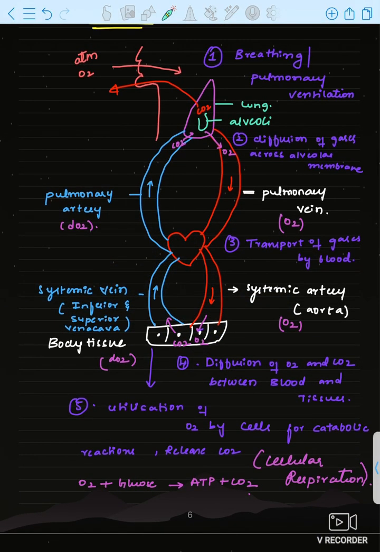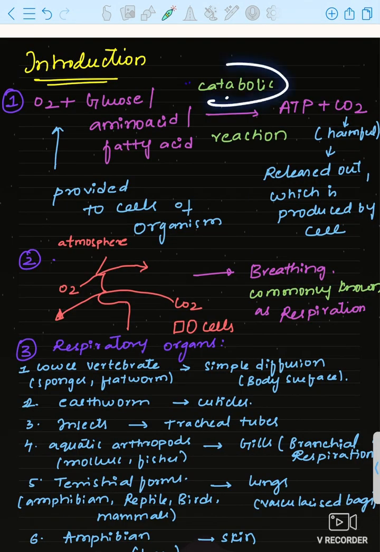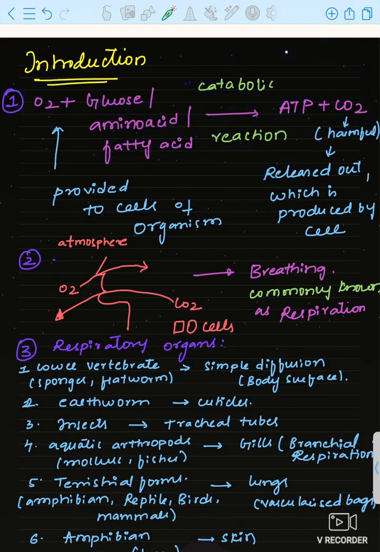And the fifth step is, now O2 will enter into the tissue. Here the catabolic process will occur, as I told you in the previous class. In catabolic reaction in the cells, that is tissues, O2 will enter into tissues and glucose, amino acids and fatty acids are used. ATP will be generated and CO2 will be released. This CO2 will enter into the deoxygenated vessel, that is the systemic vein.